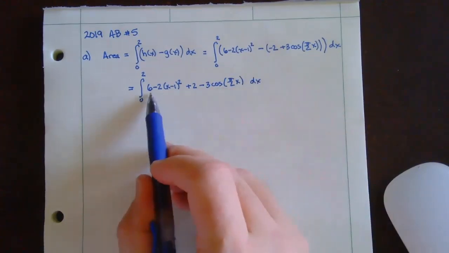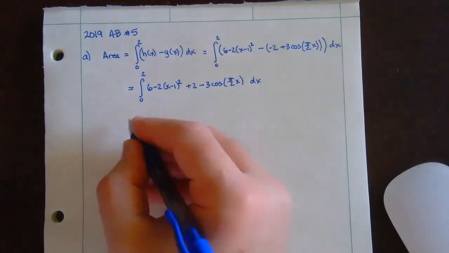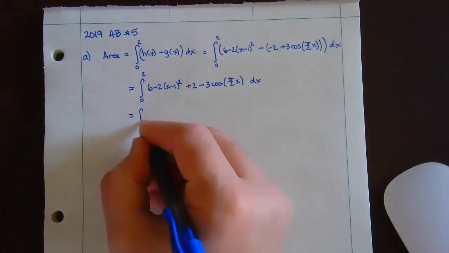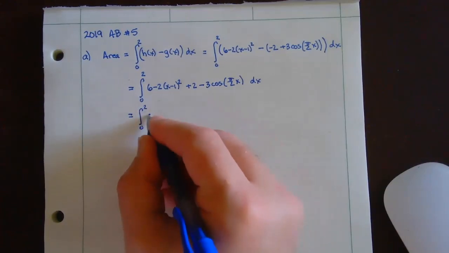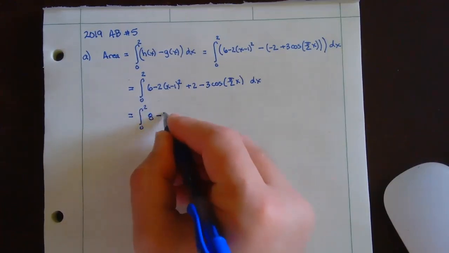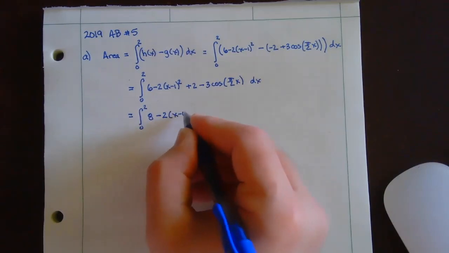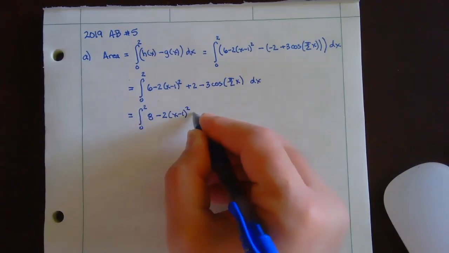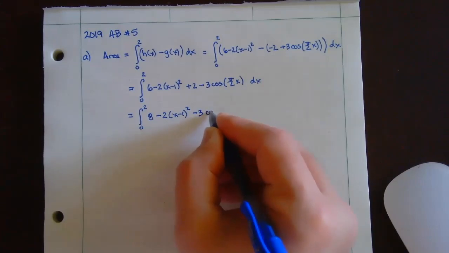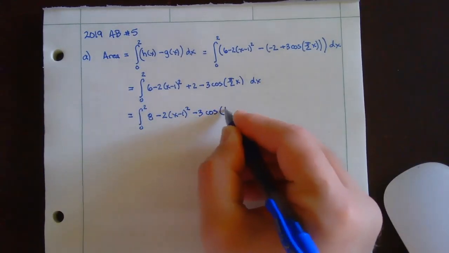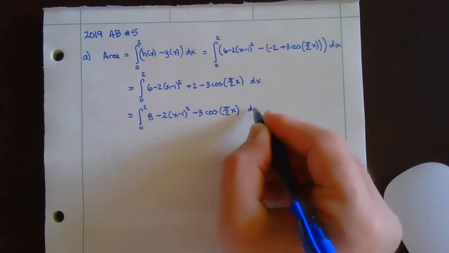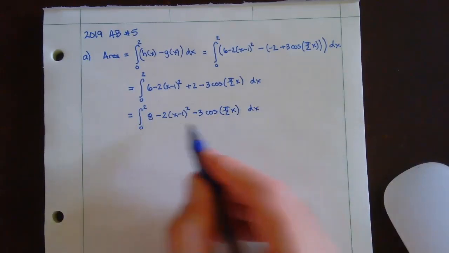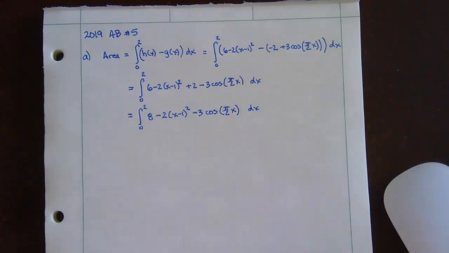And the 6 and this 2 we can combine. So that'd be the integral from 0 to 2, and 6 and 2 is 8. So it'd be 8 minus 2 times x minus 1 squared minus 3 cosine of pi over 2 x, and then dx. And you could put parentheses around this whole thing if you wanted to, or brackets.